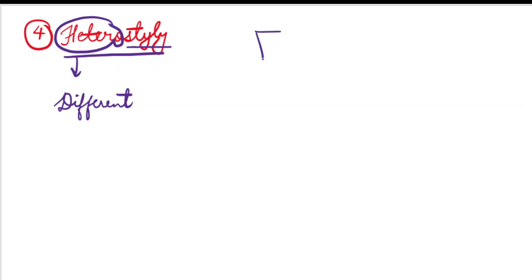There is a stigma, style, and you have the ovary. So this style we are speaking about. What will happen here is that the anther and the stigma will not be of the same level. They will be placed at different levels.